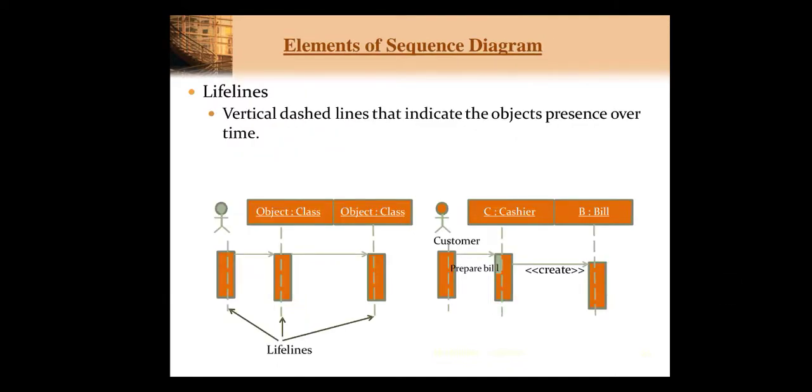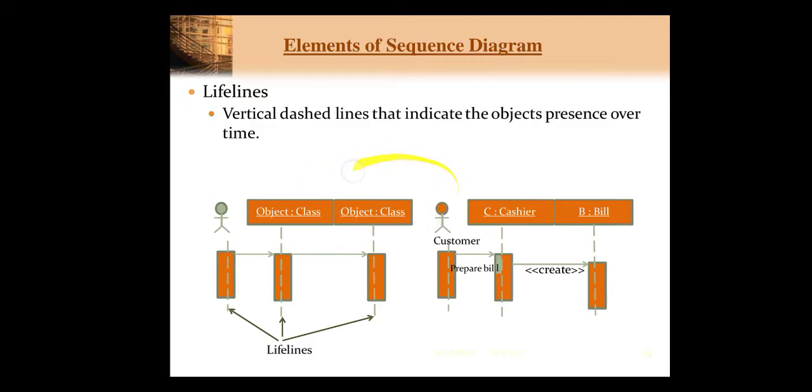The next element of a sequence diagram is the lifeline. That means vertical dashed lines that indicate the object's presence over time. Now look here, below each and every object, below this actor, there is a vertical dashed line. Below this object name, there are 2 objects, object and class.